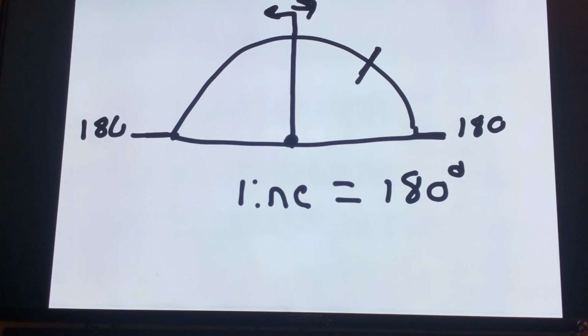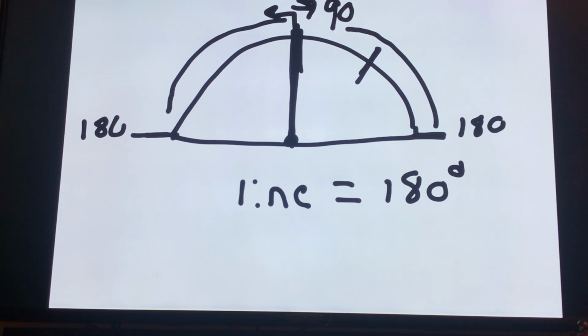So if this is 180, what would you guys think the middle portion going up right here is? It would be 90 because it would be half. So this side will be 90, and from here to here is going to be 90. So basically we're going to look at finding 30 and finding 140.